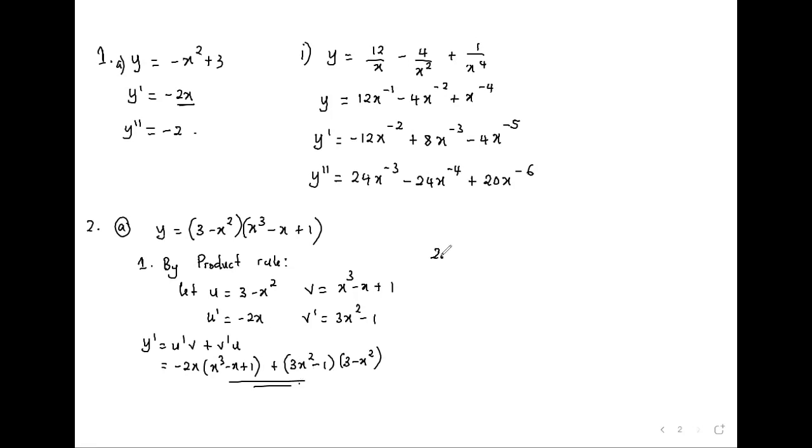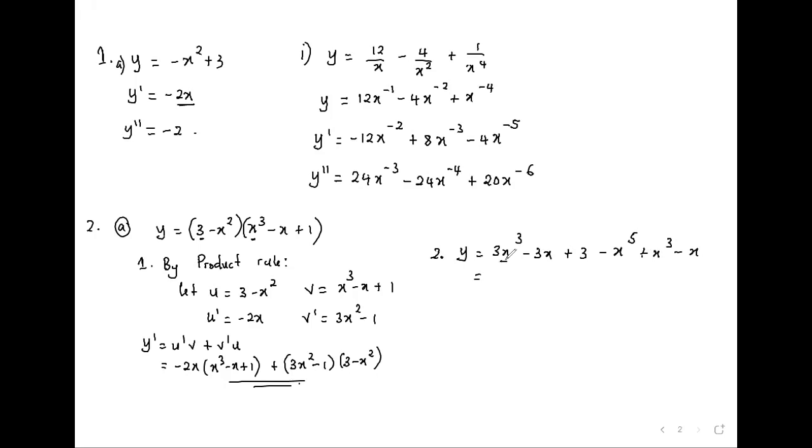Number 2, by expanding, said by multiplying the factors to produce a sum of simpler terms, we differentiate. So we expand this. So we multiply 3 by x^3, we get 3x^3, minus 3x plus 3, minus x^5 plus x^3 minus x. So we can put the sums well.